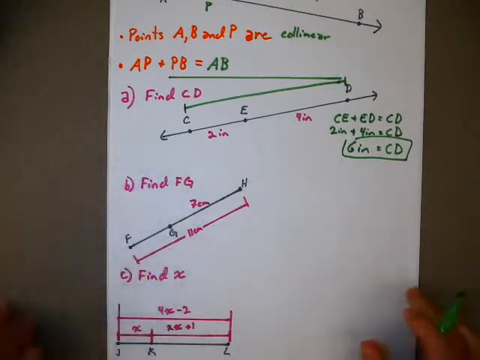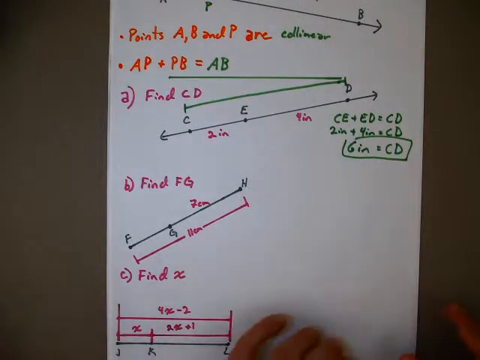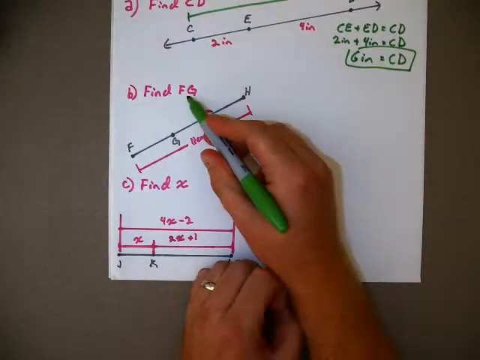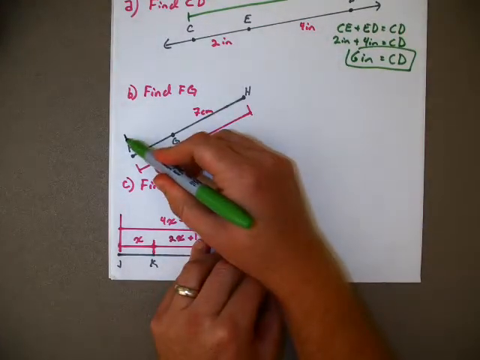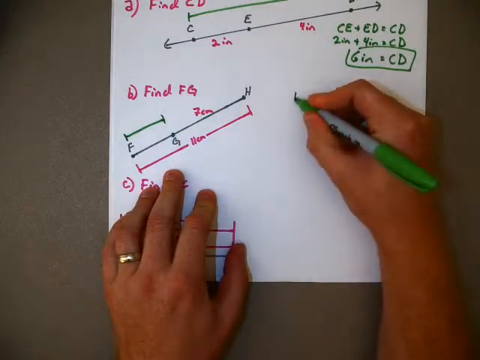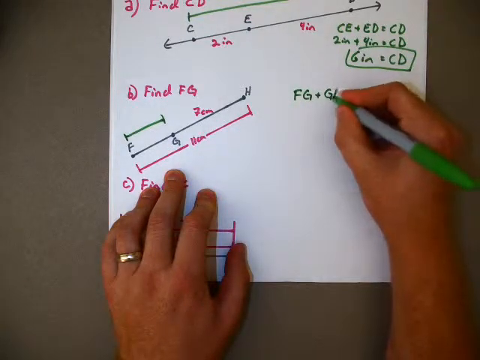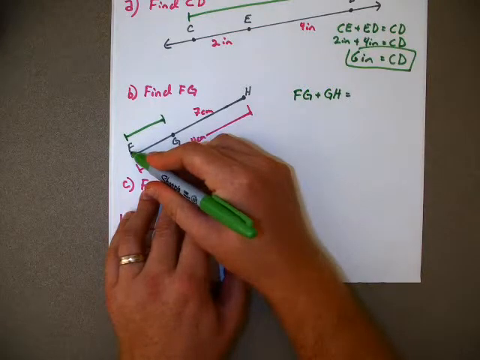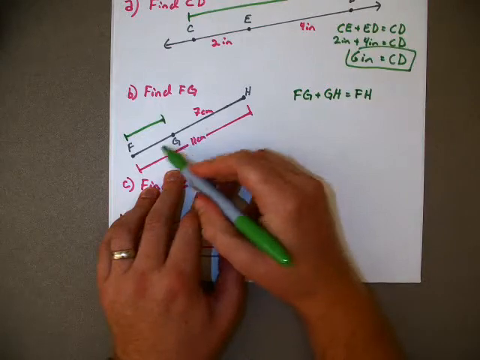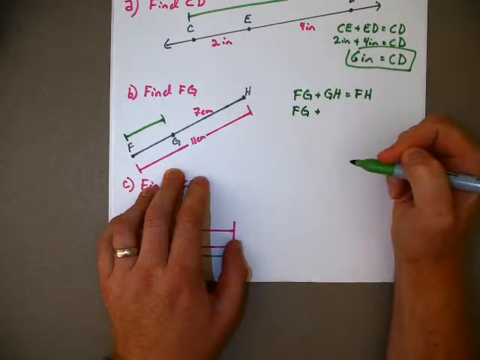Pretty straightforward. Let's take one that's a little less straightforward, but should still be fairly easy. We're going to find the measure of FG. FG is this segment from here to here. Well, I know that FG plus GH will equal the entire segment FH. I don't know what FG is, so I'm going to leave that as FG for now. You can put a variable in there if you want.